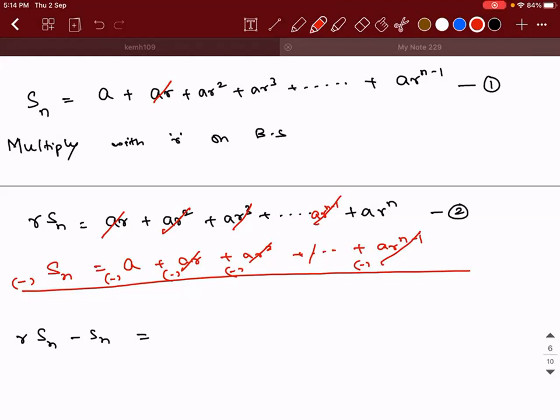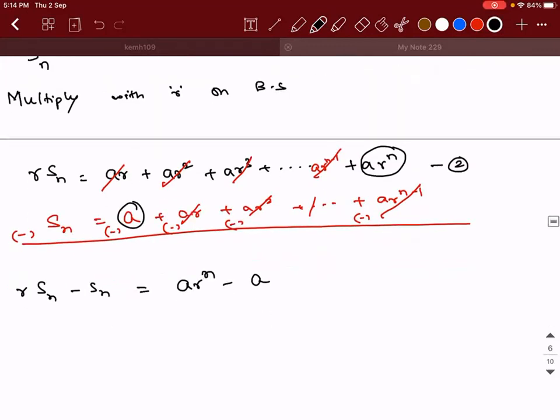So what is left on the right hand side? Guys, this is the crucial step. If there is any doubt, please ask me. Is everyone clear with what I did? Yes, sir. Okay. So AR power n is left out, minus A is left out. Now I can take that A common. So A into R power n minus 1.